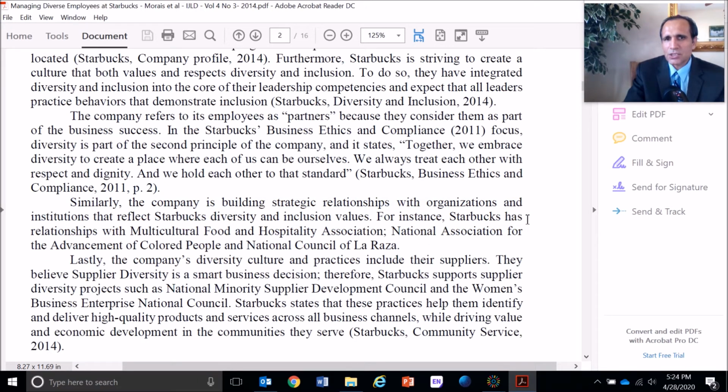For instance, Starbucks has relationships with Multicultural Food and Hospitality Association, National Association for the Advancement of Colored People, and National Council of La Raza. So the company is obviously practicing diversity and inclusion, but they also prefer that their suppliers, their vendors, their partners, all of them practice the same values.